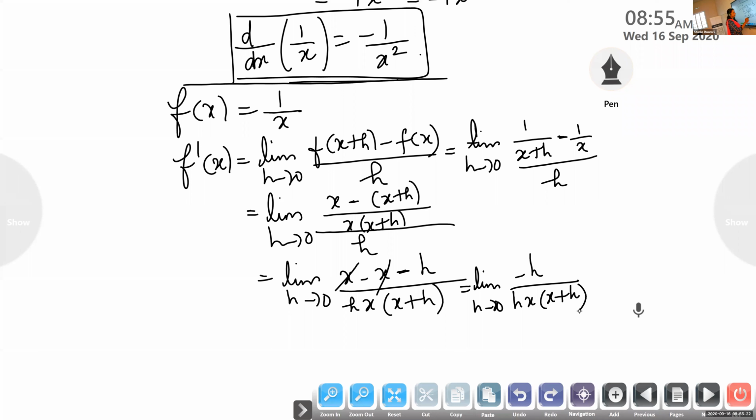Now, plus x and minus x will get cancelled. So, what is left here? Negative h by h x into x plus h.